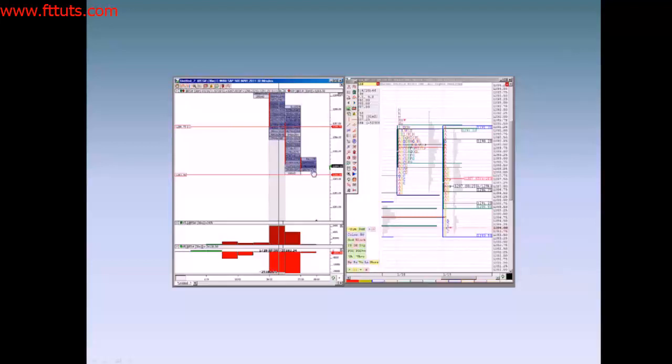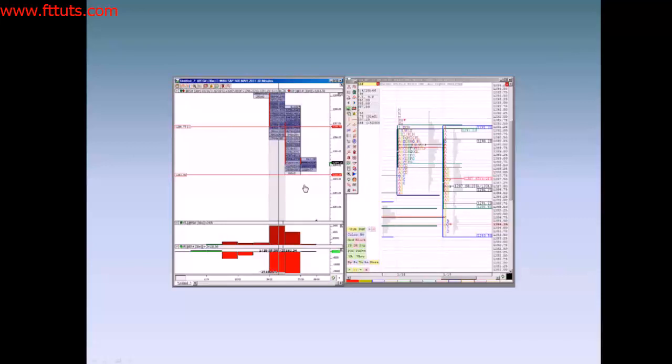Where is the activity here? And if you notice in period C, we're still confined to a very tight value area, and most of the value is just in these two prices here. And if we looked a little bit closer, you will see that most of the activity, or the greater portion of the activity, is really on the bid side, indicating that there's still quite a bit of selling pressure in the market.